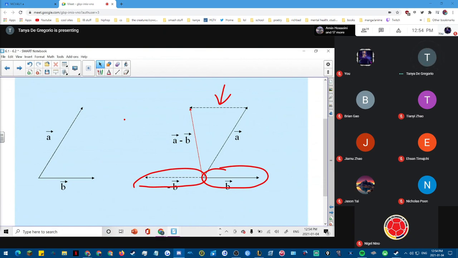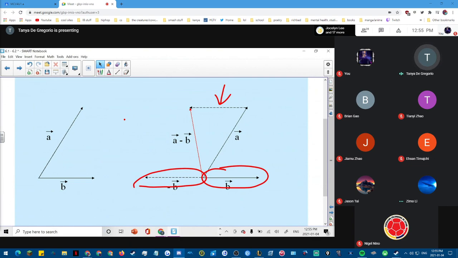All right. So are there any questions? Do you guys understand how I got vector A minus vector B? We just added B. Yeah, talk to me. Compared to example 2 and example 3, it does not make so much sense.